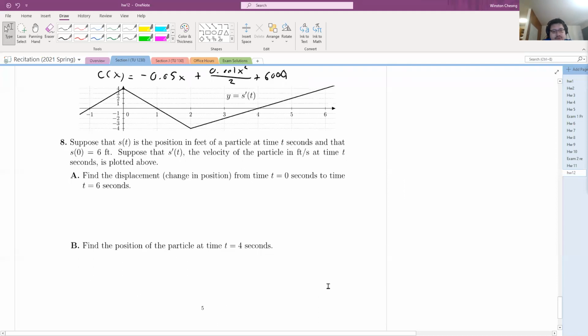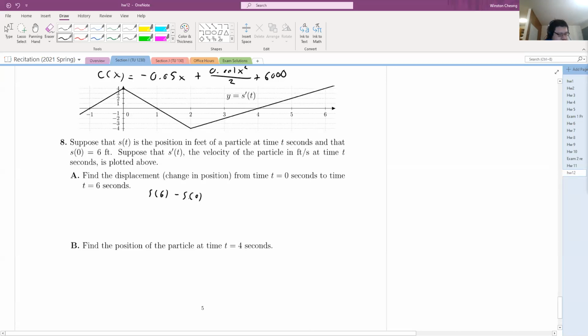For number 8, we need this graph. Find the displacement from t equals 0 to t equals 6. This graph is denoting s prime, so it's the velocity. It has the initial condition, but part A doesn't use the initial condition since it's only talking about the displacement. Displacement just means the difference in the positions.